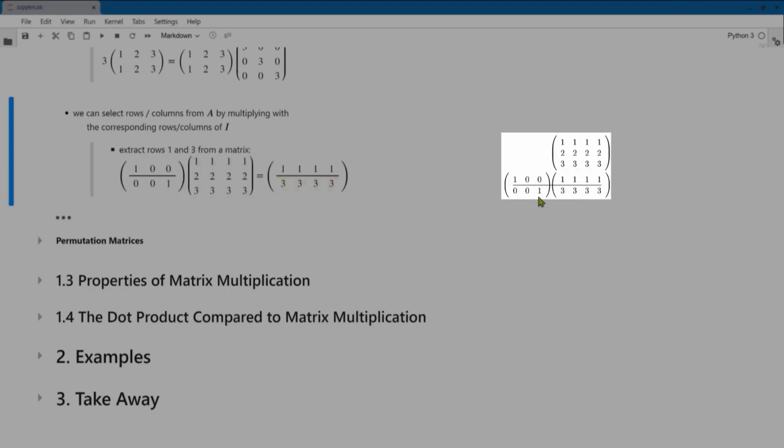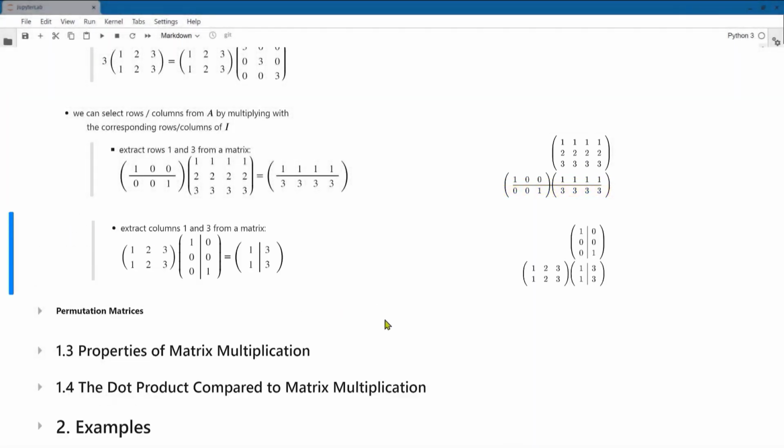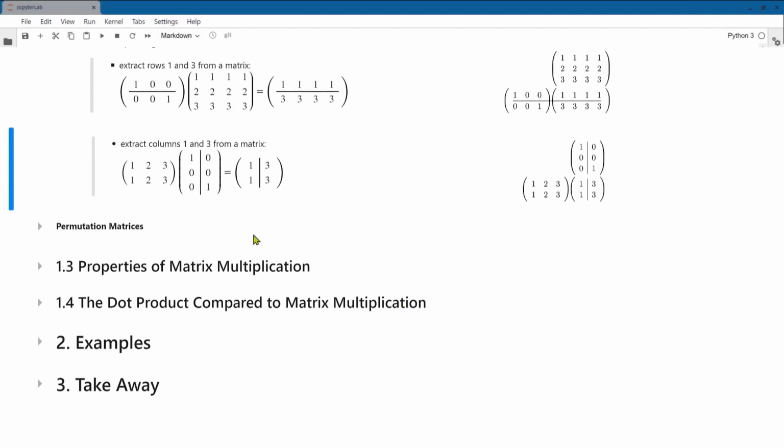It's probably easier to see if we write it in our computational layout, where the first row of the result is equal to the first row of the matrix A. The second row of the result is equal to the third row of the matrix A. We can do something similar with columns, but this time around we have to multiply from the other side.